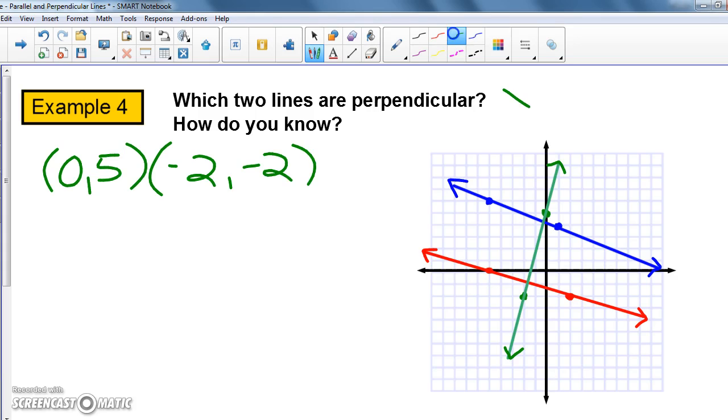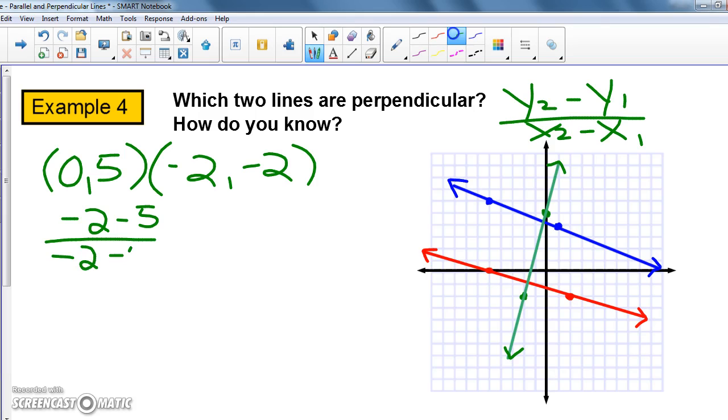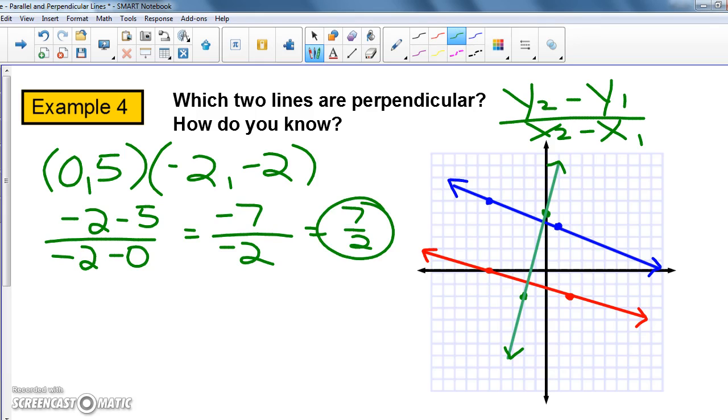So my slope formula is going to give me -2 minus 5 over -2 minus 0, which is -7 over -2. So that's 7/2. So think to yourself, what slope am I looking for if I'm looking for a perpendicular slope? Right, I'm looking for a -2/7. If I can find a -2/7 slope, that will be a perpendicular slope.